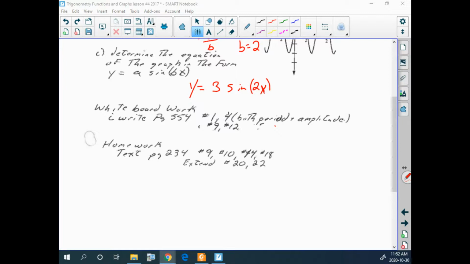Remember, we have a unit circle. On the unit circle, at this point, cosine is 0, sine is 1.